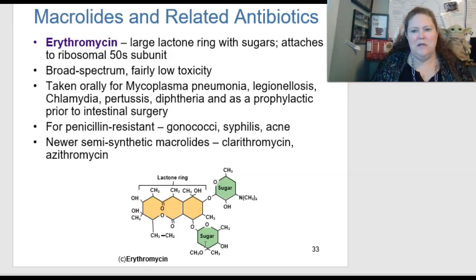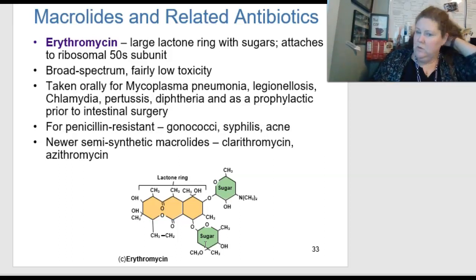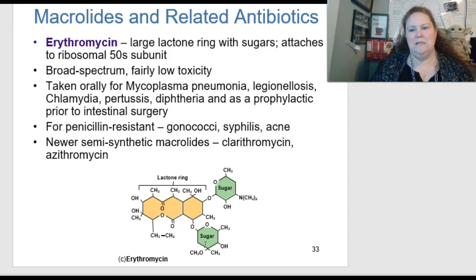Chlamydia, pertussis, diphtheria, and as a prophylactic prior to any intestinal surgeries. And for penicillin resistant gonococci, syphilis, and acne, we can use these. And then also we have newer semi-synthetic macrolides, and these would be like clarithromycin and then erythromycin.